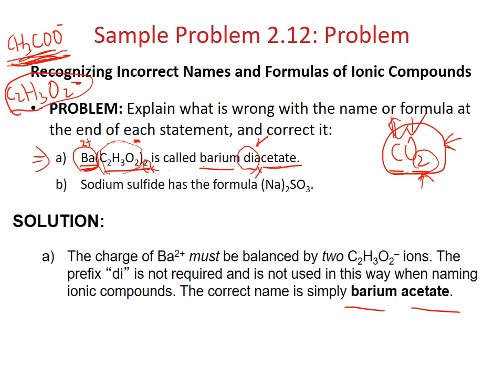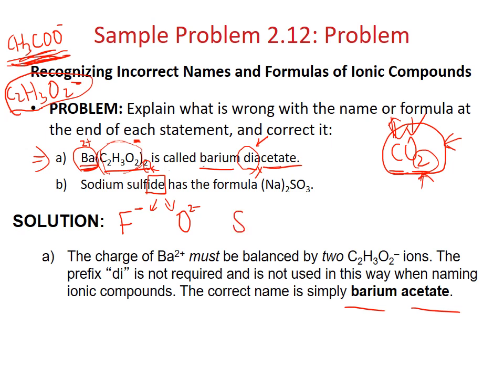Next one, sodium sulfide. Note IDE. IDE is for monatomic ions. For example, fluorine gains electron becomes fluoride. That's IDE. Oxygen, when it gains 2 electrons, becomes oxide.